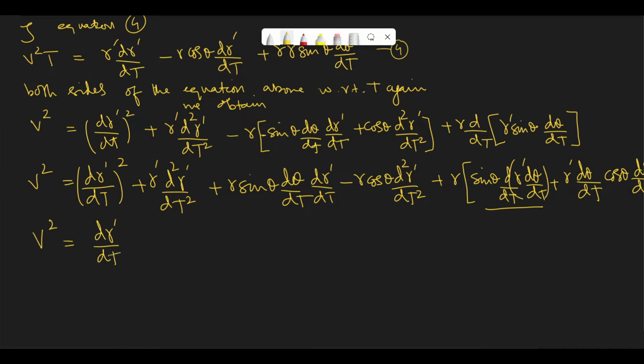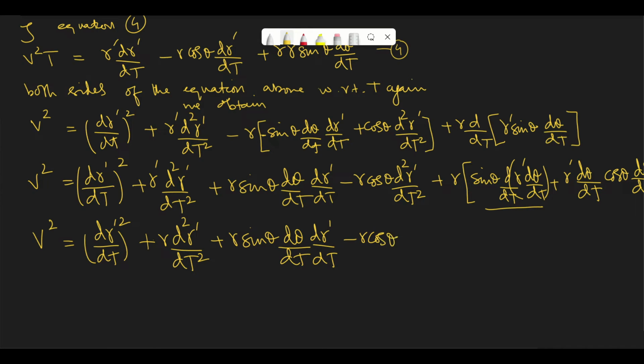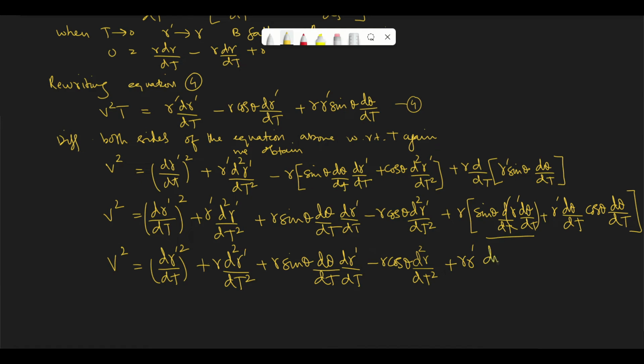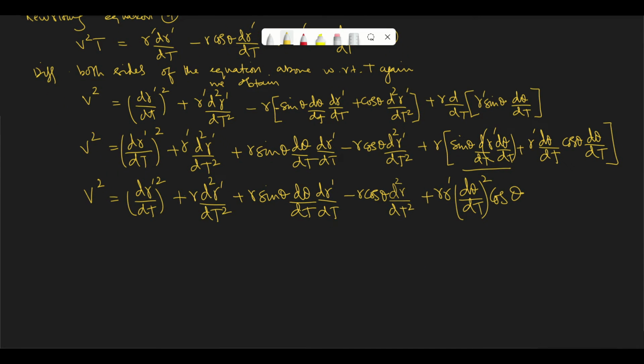So we obtain v² is equal to (dr′/dt)² plus r d²r′/dt² plus r sin θ dθ/dt dr′/dt minus r cos θ d²r′/dt² plus (dθ/dt)² cos θ.